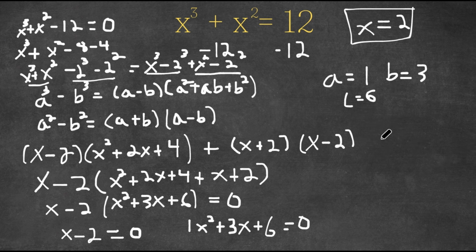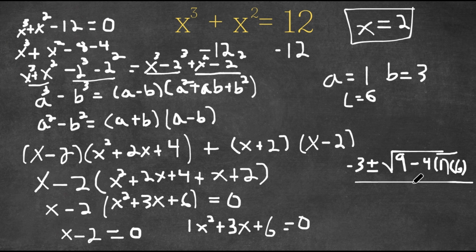So now we're simply going to plug these into our quadratic formula. We have negative b, so negative 3, plus or minus the square root of b squared, so 3 squared, which is 9, minus 4 times a, which is 1, times c, which is 6. And we are dividing this by 2a, and a is 1, so 2.